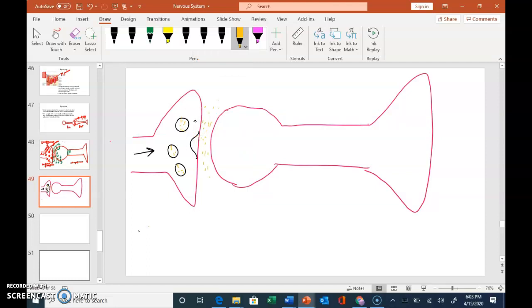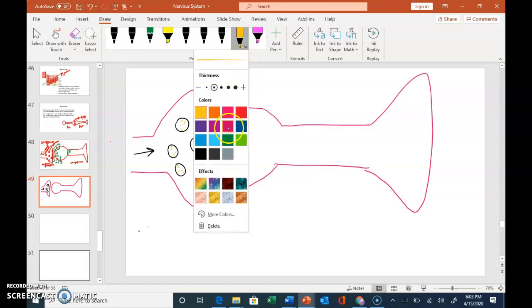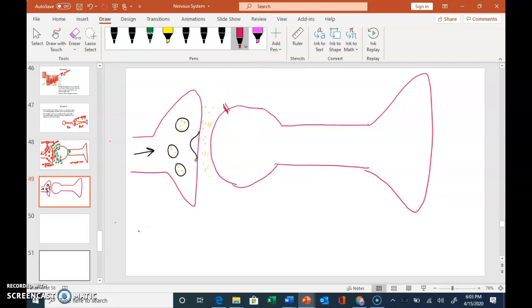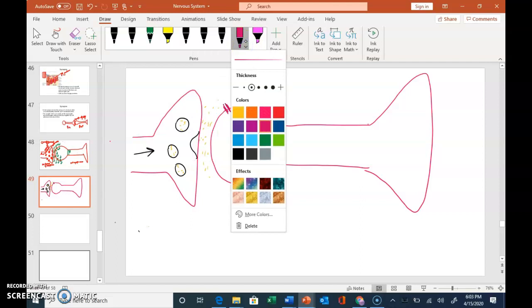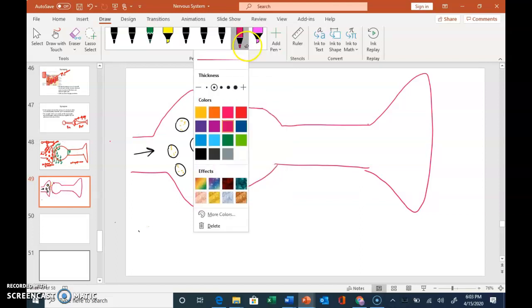Okay, now listen carefully. These neurotransmitters are ligands, right? And the soma has different channels, many different channels. And I will draw multiple channels here.